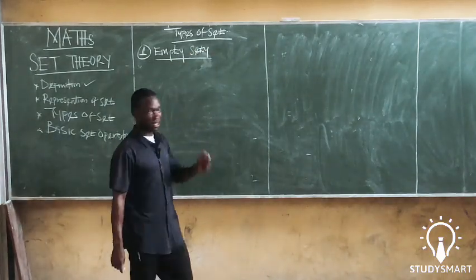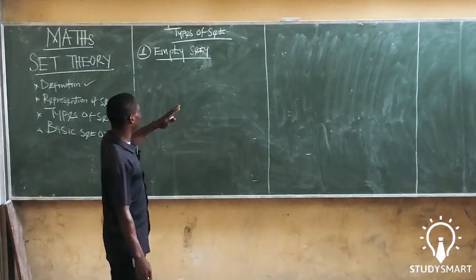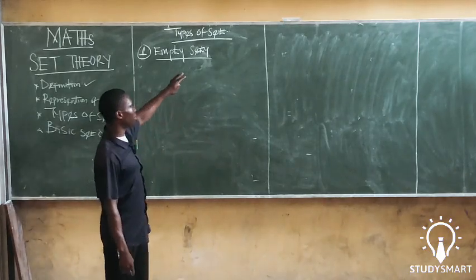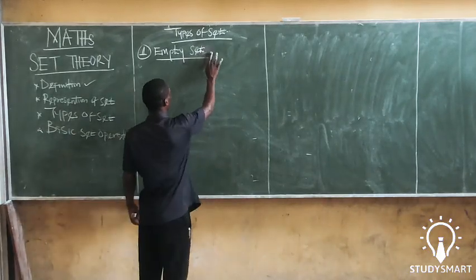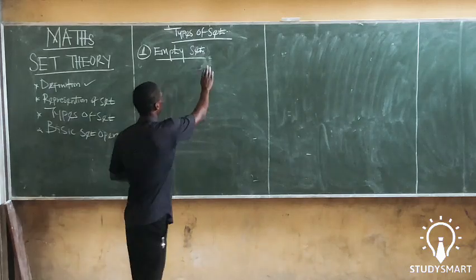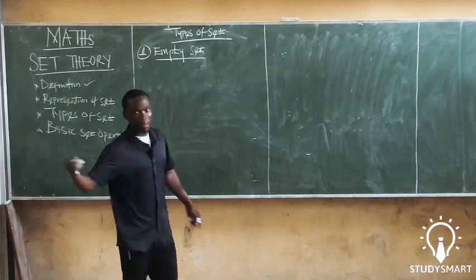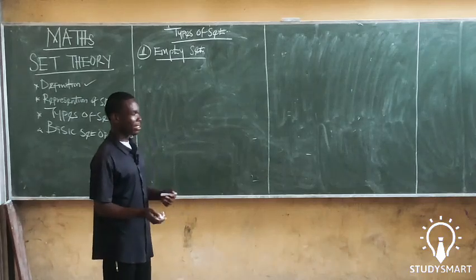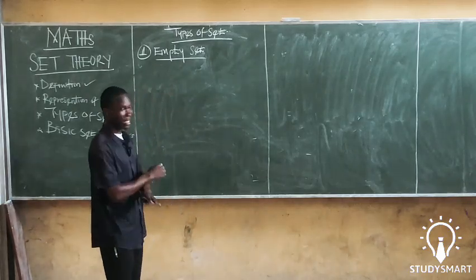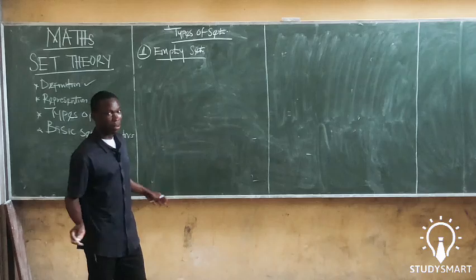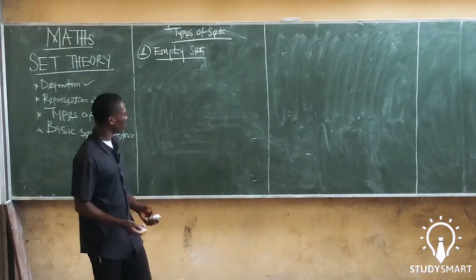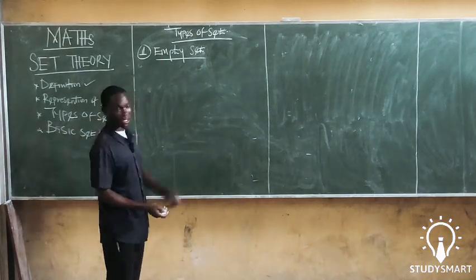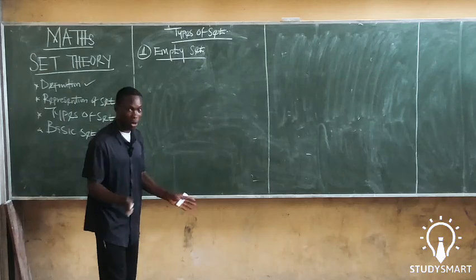An empty set is a set that has no element. As the word implies, empty. Something that is empty means that there is nothing inside, right? So an empty set is a set that has no element.